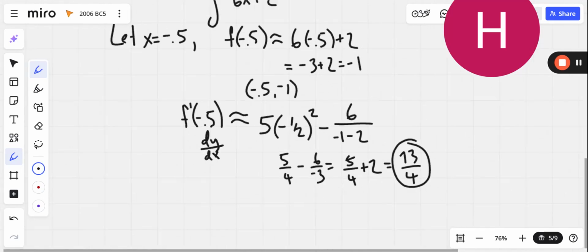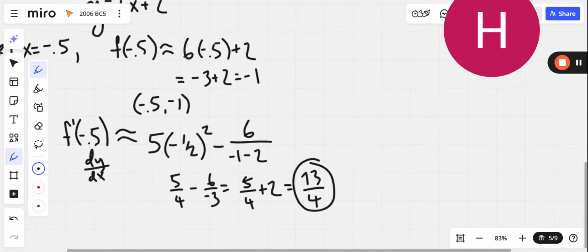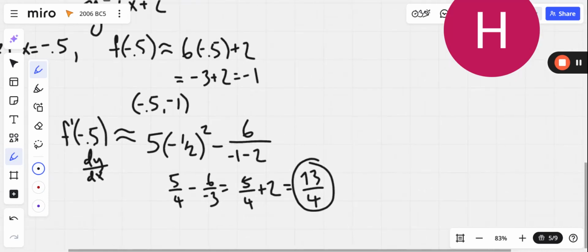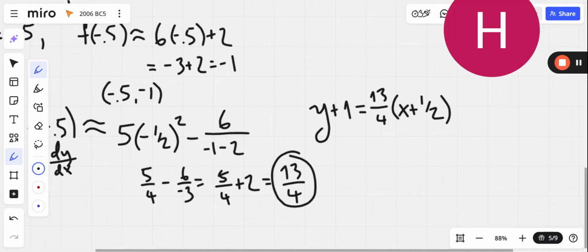Now, we're not done yet. We've approximated the slope at this point. We're going to write a new tangent line, right? We're going to say that y plus 1 equals 13 over 4 times (x plus 1/2), x minus -0.5. And if we want to rearrange that a little bit, I'm not sure how comfortable you guys are with these fractions.